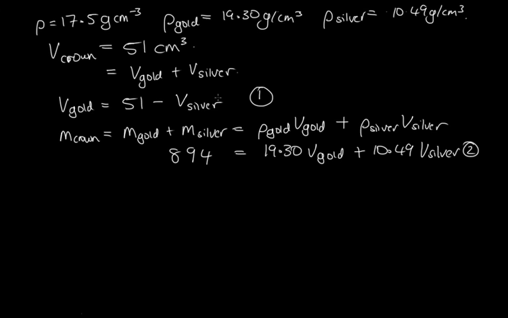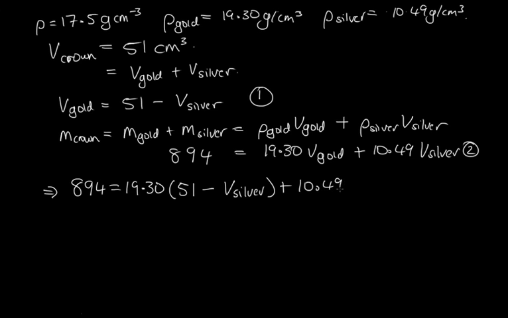So what we've got now is two equations that we're going to have to solve simultaneously. This is getting a little bit complicated, but all we need to do is replace this volume of gold here with this equation here. So we've got 894 is equal to 19.30 times the volume of gold, which is 51 minus the volume of silver, plus 10.49 times the volume of silver.